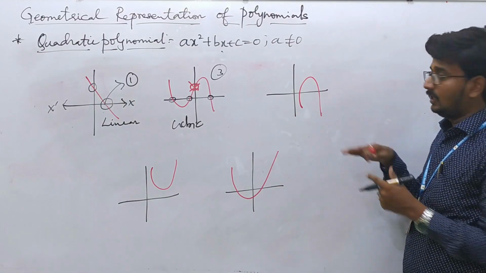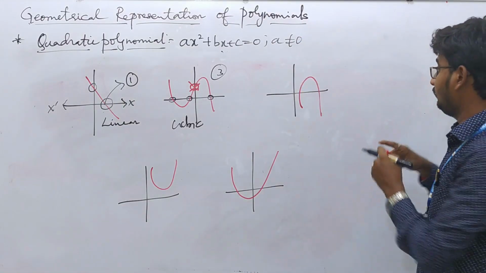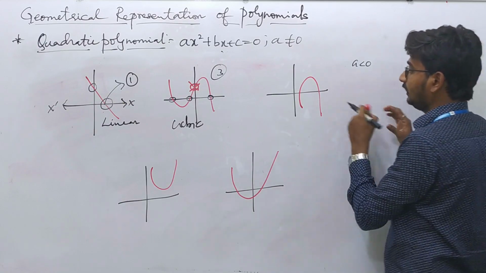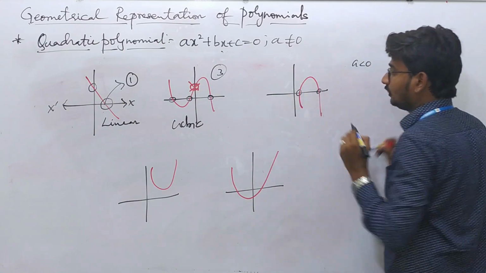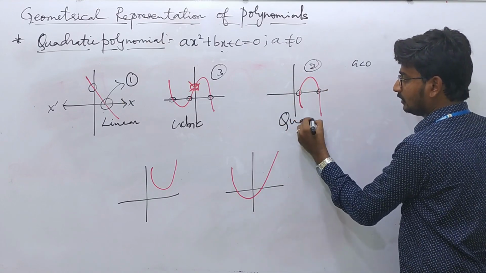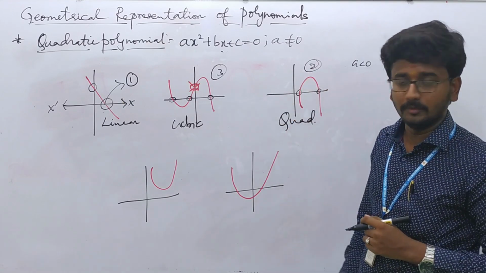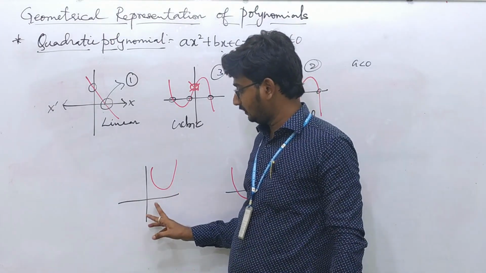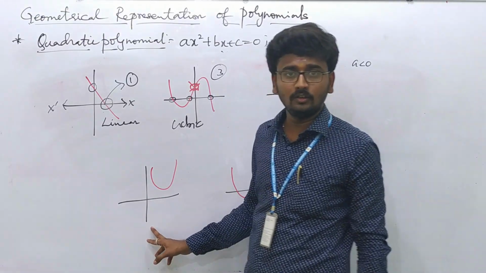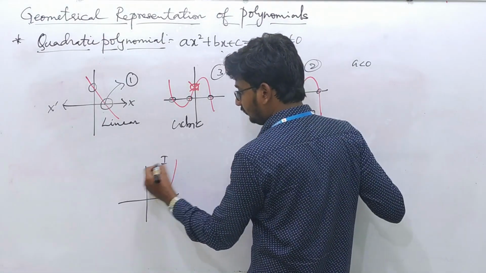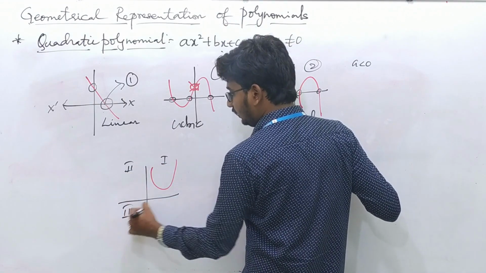Coming to this one, facing downward means somewhere a value might be less than 0. But how many times is it intersecting? 2 times. So it has 2 roots and it is called a quadratic polynomial. Now see here, it is neither intersecting along the x-axis nor the y-axis. It is somewhere in the first quadrant. Usually they are classified as quadrants, 1, 2, 3, 4.